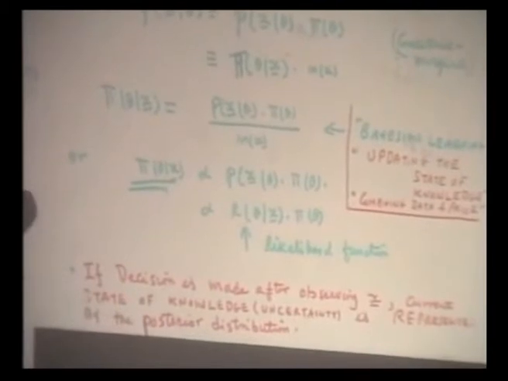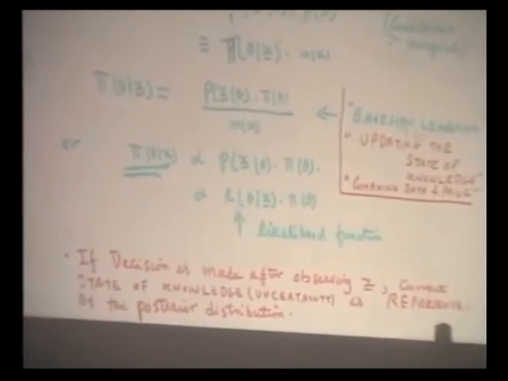Okay, because your state of knowledge is always represented by the posterior distribution. When you make a terminal decision rule at any point, the decision rule will be made basically optimal with respect to that current state of knowledge. So if the decision is made after observing x, the current state of knowledge, which is the uncertainty, is represented by the posterior distribution.